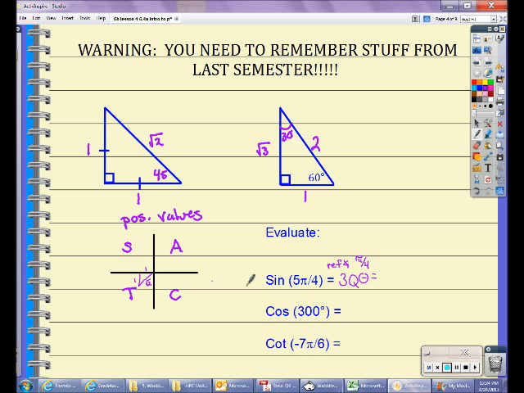If I haven't completely memorized that chart, it's way easier to remember the triangle. And I'm going to say, all right, it's negative, and then sine of pi over 4 is going to be y over r, 1 over root 2. And of course I know that I can't keep it that way. I multiply numerator and denominator by root 2, and I get negative root 2 over 2 as my final answer.